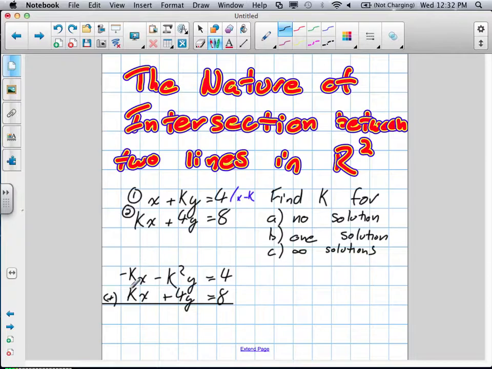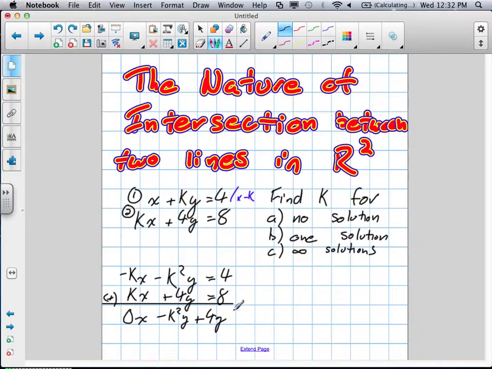When we go to add these two together, negative k plus k is going to give us our 0x. We're going to have negative k squared y plus 4y. We can't combine those two terms because they're not technically like terms. Okay? Our k squared, we're not exactly sure what we're going to be working with there.